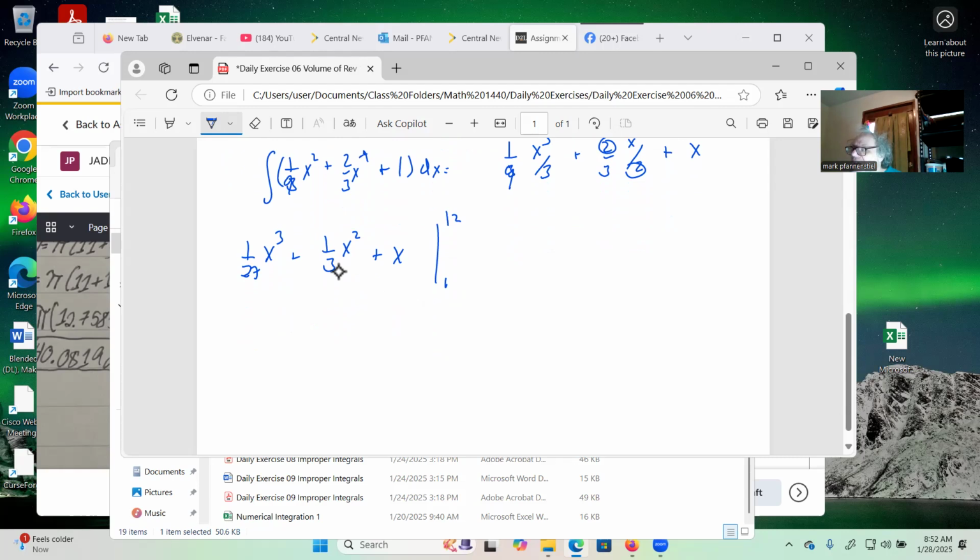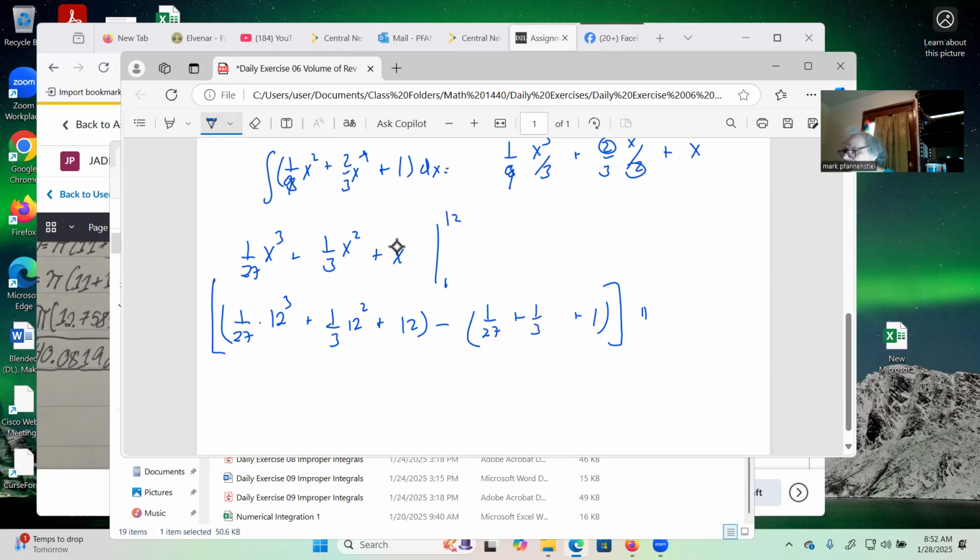Okay. So we have 1/27 times 12 cubed plus 1/3 times 12 squared plus 12, and then minus 1/27 times 1 cubed plus 1/3 times 1 squared plus 1. By the way, this is all times pi by the time we're done.